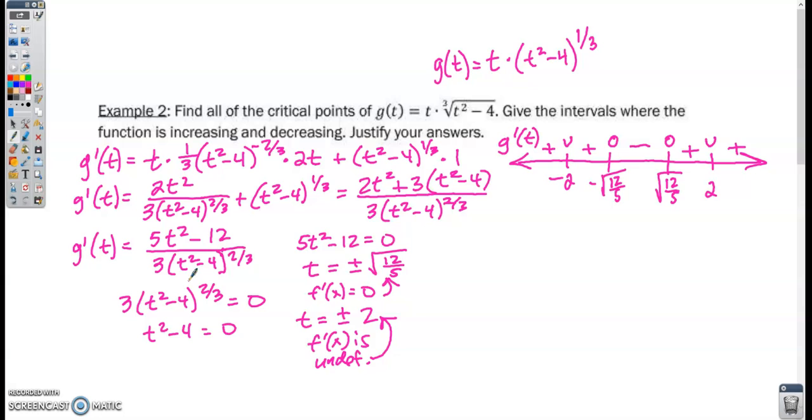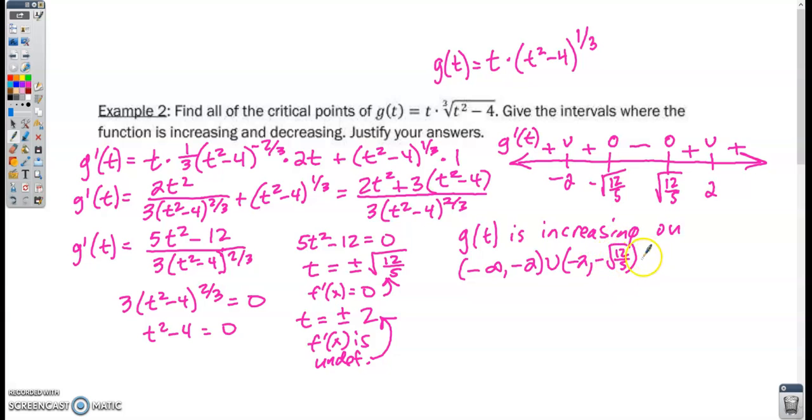Anyway, now that I have all of that information, we've got that g of t is increasing on the interval from negative infinity to negative 2, union negative 2 to negative root 12 over 5, union root 12 over 5 to 2, union 2 to infinity.